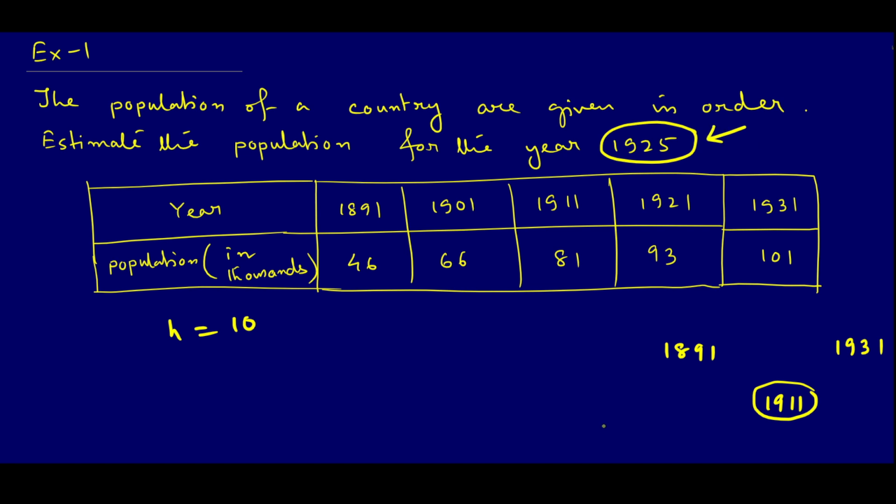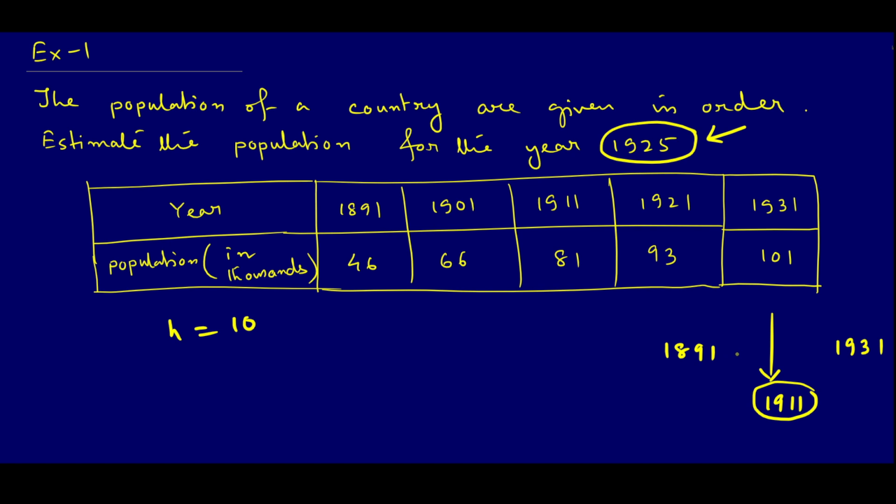Now you observe at which point we have to find it: 1925. Since 1925 will come after the middle term, it's not at the beginning. It will be after 1911, so it is in the second half of the middle one. This is the middle term. So that's why you have to use backward. But if it is, suppose, 1907, then it will be in the first half.